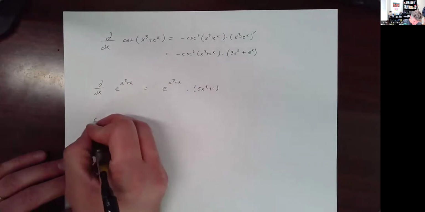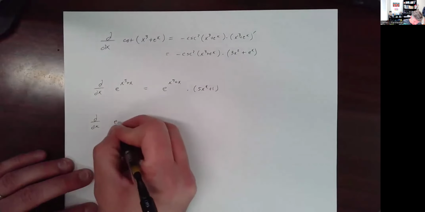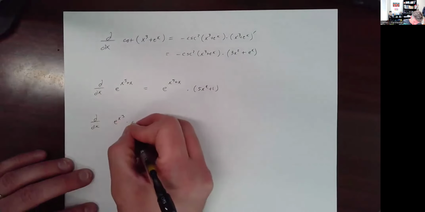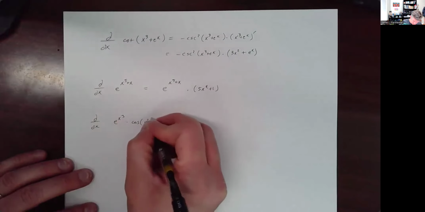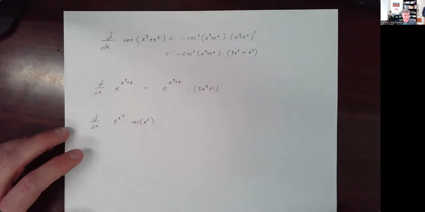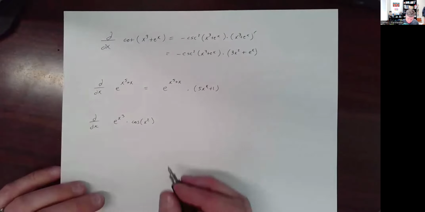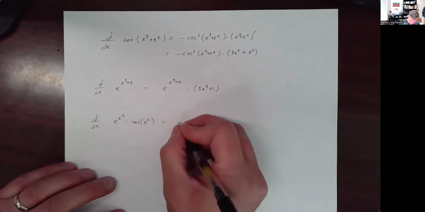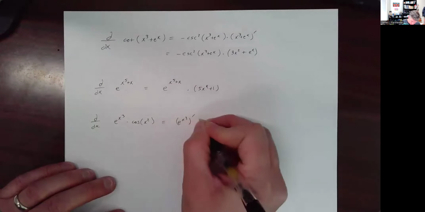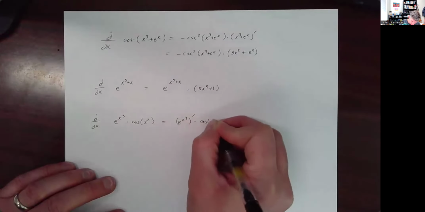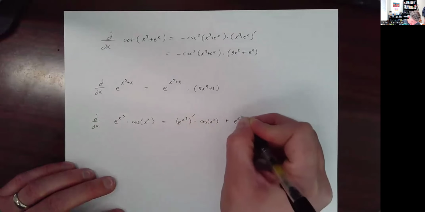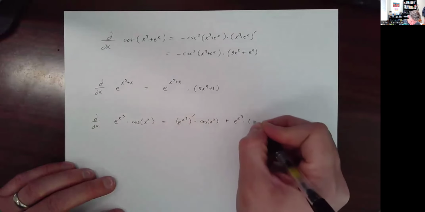I could say, what's the derivative of e to the x cubed times cosine of x squared, which seems super annoying because it's a product rule, and then each part of the product has a chain rule. So it's going to be the derivative of e to the x cubed times the not derivative of cosine of x squared, plus e to the x cubed times the derivative of cosine of x squared.